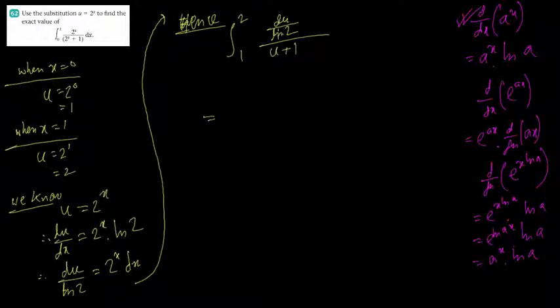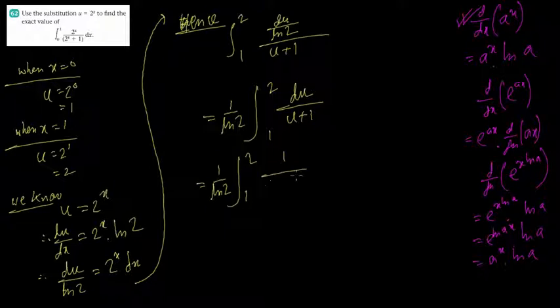If I bring the constant 1 by ln 2 outside, it would be 1 by ln 2, and this would be the integral of du by u plus 1, which is the same as 1 by u plus 1 into du. We know the rule of reciprocal integral.